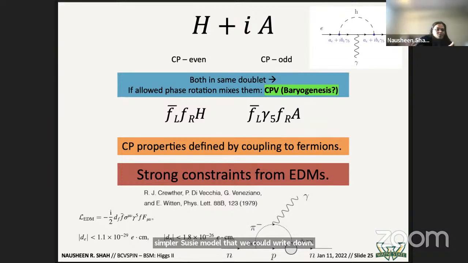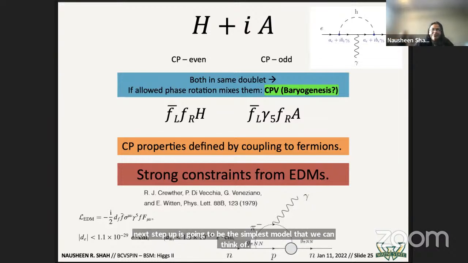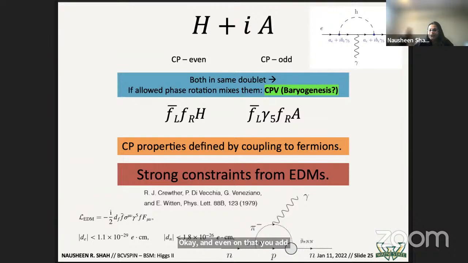I look at the standard model and it's completely non-minimal, right? The structure of it, right? So realistically, I don't think the next step up is going to be the simplest model that we can think of, okay? And even then, you add this one singlet to the MSSM and it completely changes the picture, right? Regarding the Higgs mass, etc.